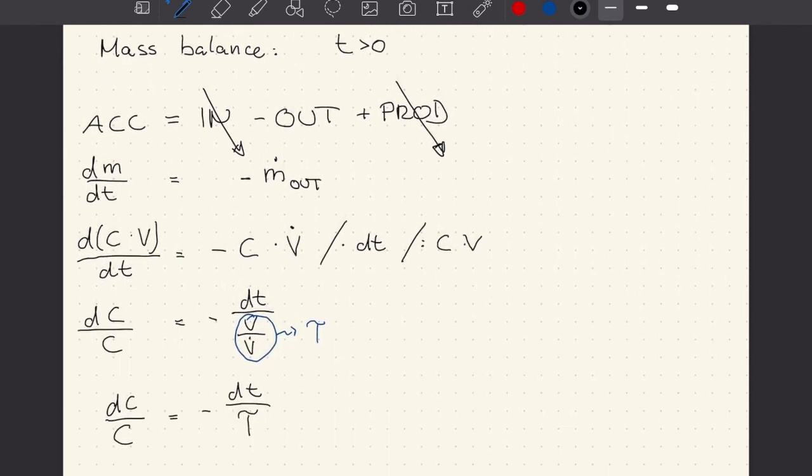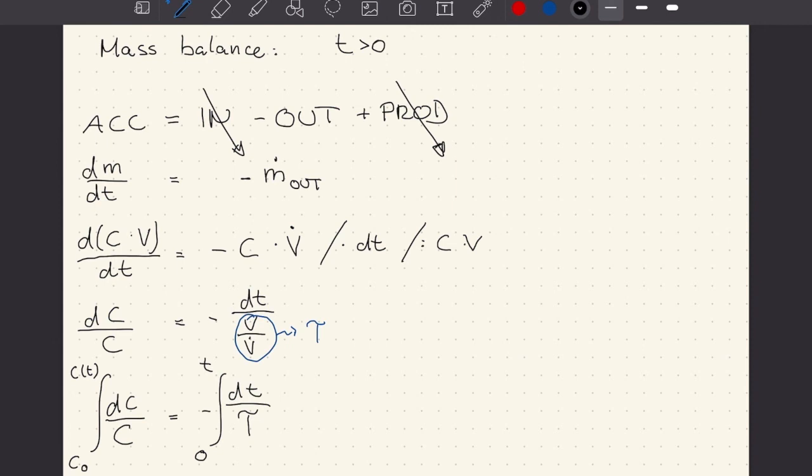So we would like to integrate this equation from a time point which is t0, where the initial concentration inside the vessel is C0, up to a general time point t, where the concentration inside the vessel is a general C of t.